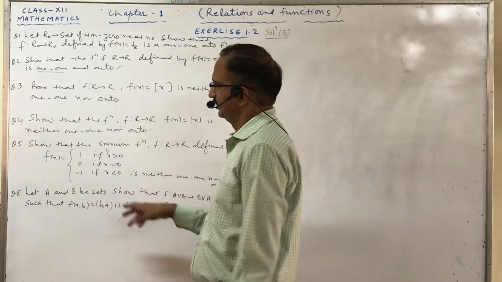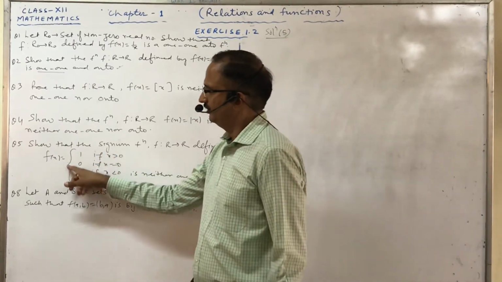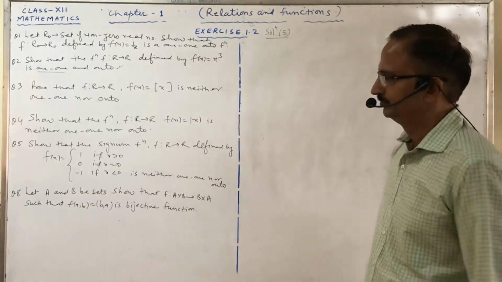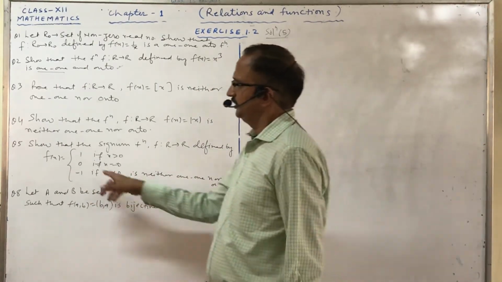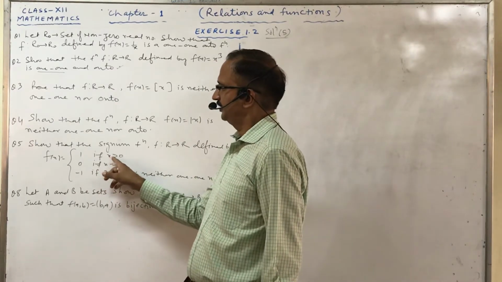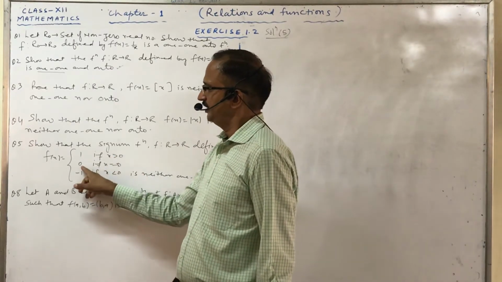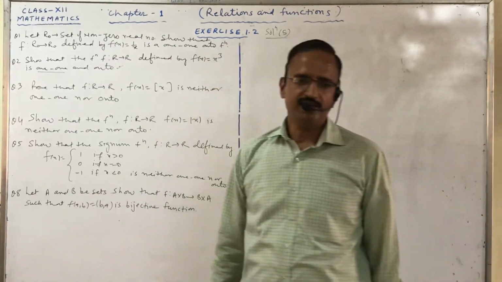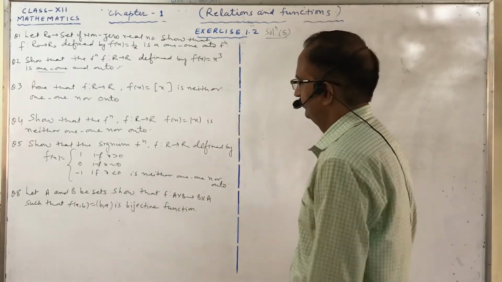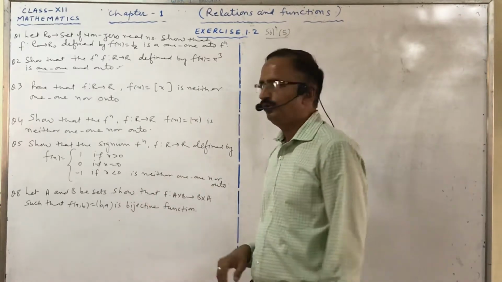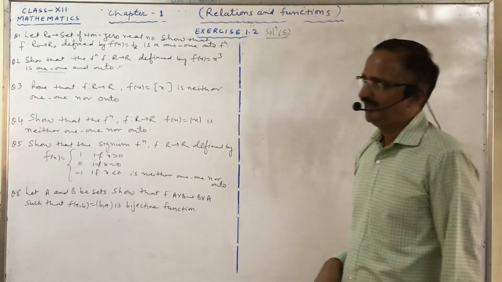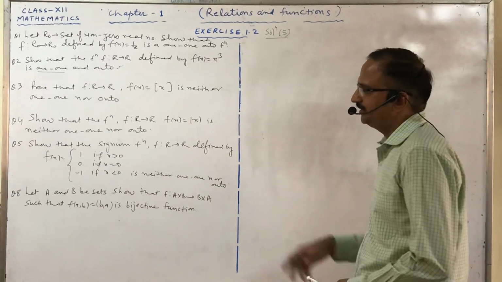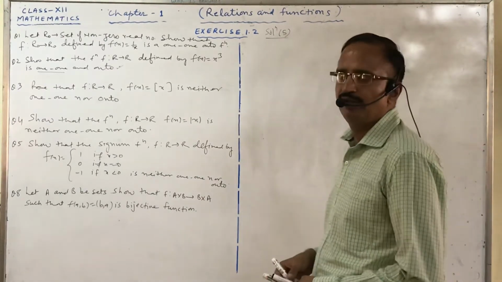It means we have only 3 values in the codomain. This is the image for all x greater than 0, this is the image when x is 0, and this is the image when x is less than 0. Again the same method we will apply for this also, as we applied in question number 4.